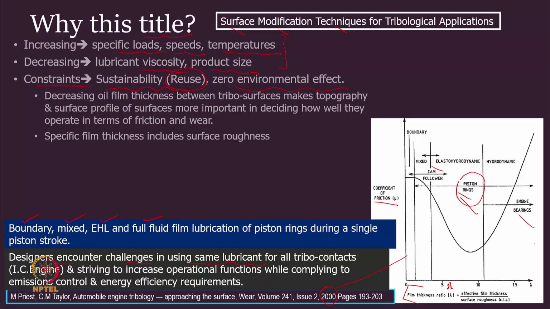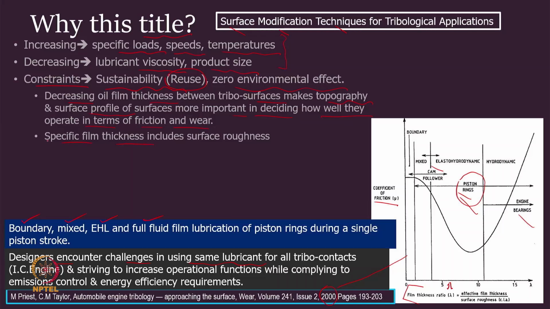So we can write it in this manner: the decreasing oil film thickness between the tribo surfaces makes surface topography and surface profile more important in deciding how well they will operate in terms of friction and wear. This is very important. Earlier we considered only lubrication; now we are switching over to the surfaces, surface topography also.